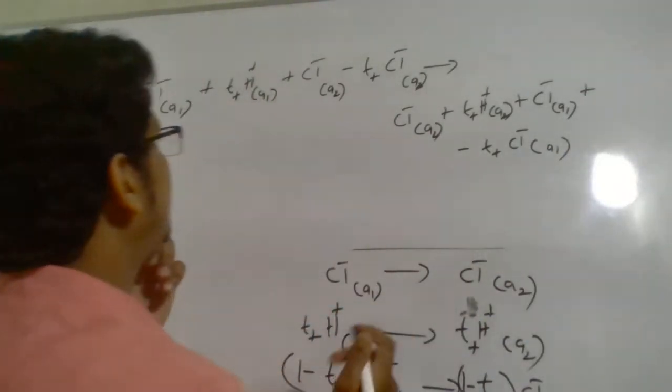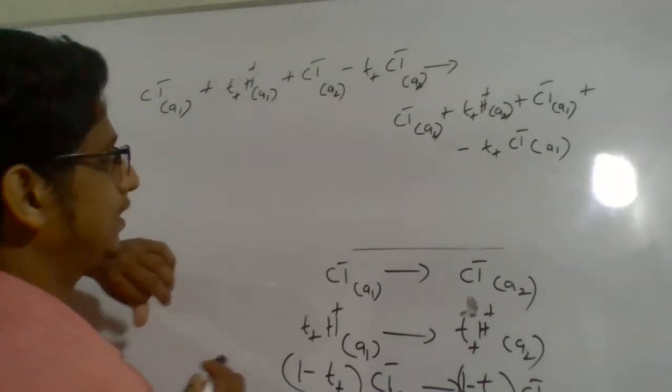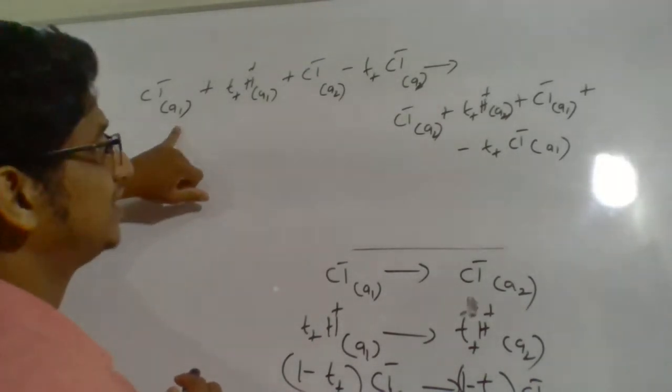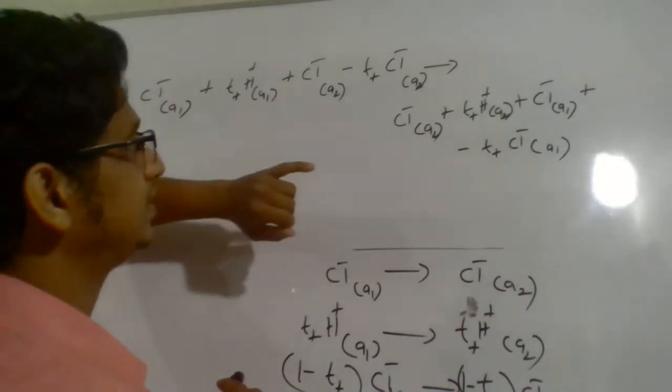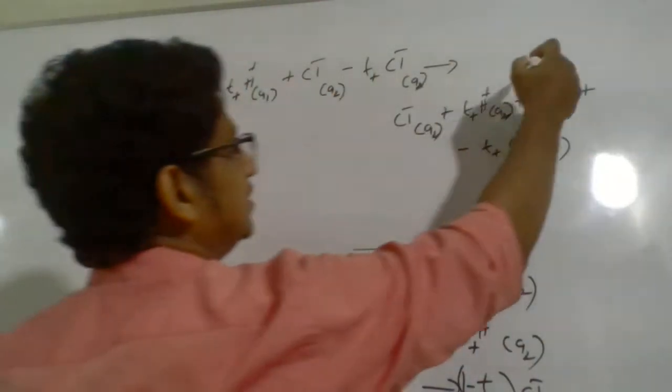So now let us cancel the common terms. What are the common terms here? Cl minus A1 is here and also Cl minus A1 is there, so let us cancel Cl minus A1.